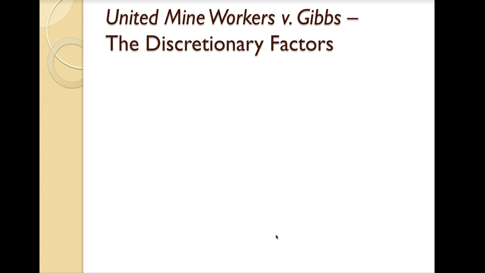Beyond that, though, the court also talks about the fact that this is a discretionary tool for the court. So the court is not obligated in the way that it is if the parties are completely diverse and the amount in controversy is satisfied, or the claim arises out of federal law, where the exercise of jurisdiction by the federal court is not discretionary.